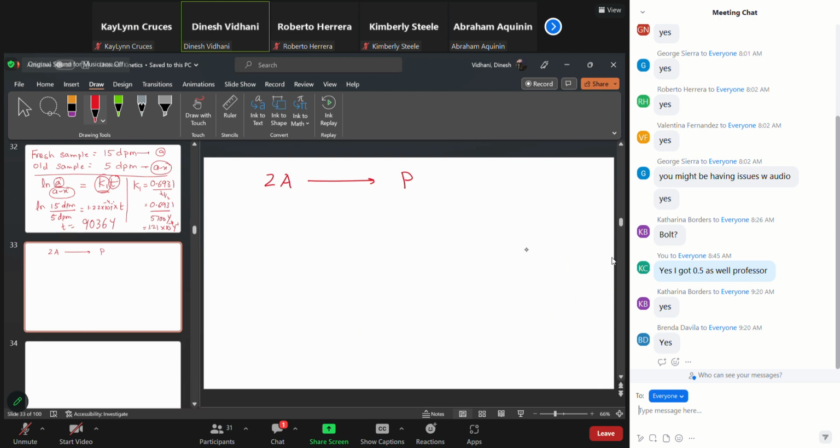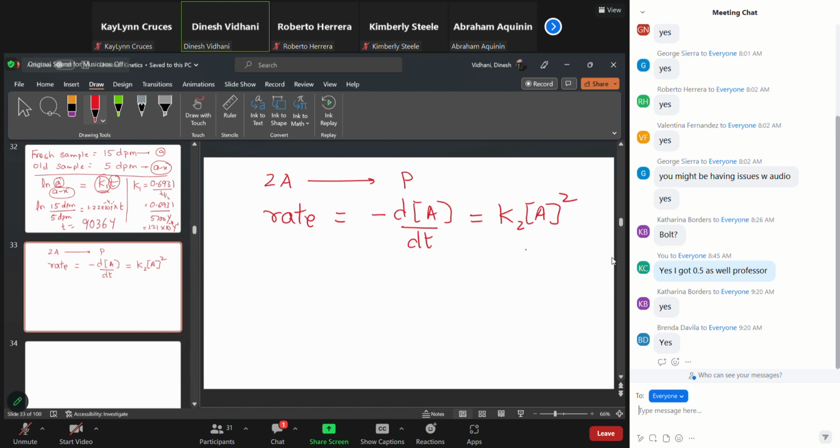Suppose I have an equation giving me the product. In this equation, I can write down rate equals minus dA by dt, which equals K1. In this case, I'm going to rewrite it as K2, which refers to the second order rate constant. Now, we can solve this using integration the way we did earlier, but that's not what I'm expecting from you in this class.